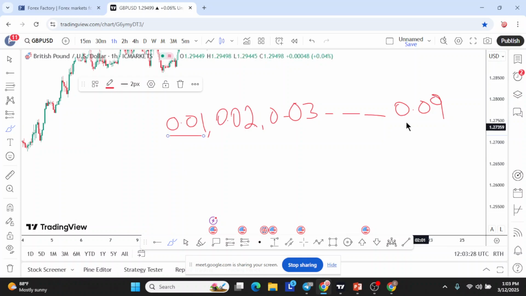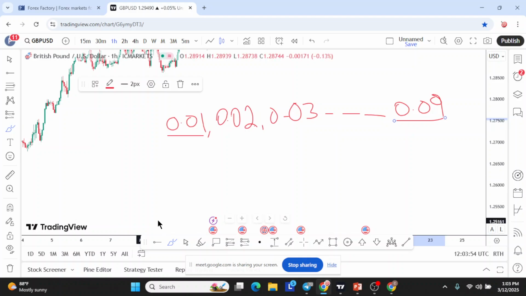So this is the lowest and this is the highest. 0.01 is the minimum and 0.09 is the maximum lot size that we have under the micro lots. So we still have 0.04, 0.05, 0.06, 7, 8, and we have the 9, 0.09.